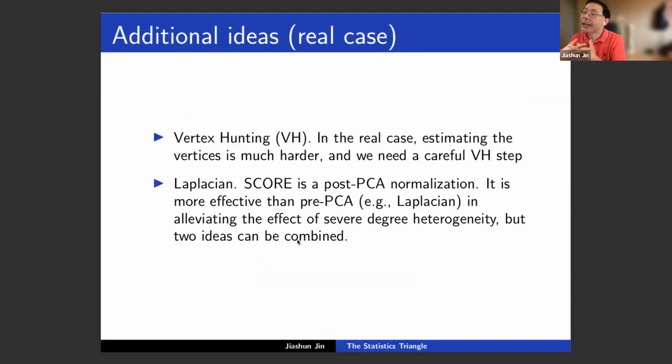But you can use all these noisy rows to estimate the vertices. This step we call vertex hunting. Vertex hunting basically just uses the rows of R hat, the real data version, to estimate the k vertices of the ideal simplex.